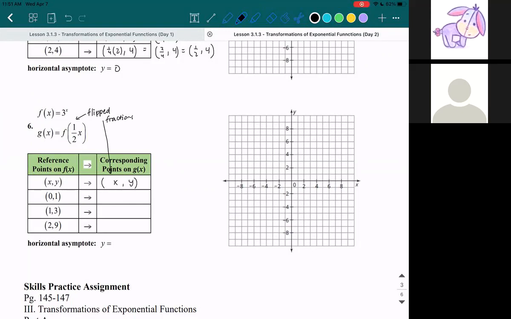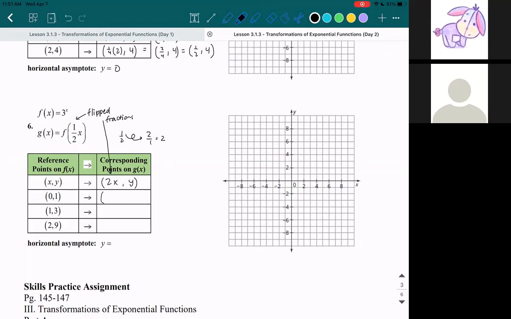So the flipped version of 1/2 is now going to be 2 over 1. Flipping it around becomes 2 over 1, which is just 2. So it becomes 2x, comma, y. So we are going to multiply every x value by 2.